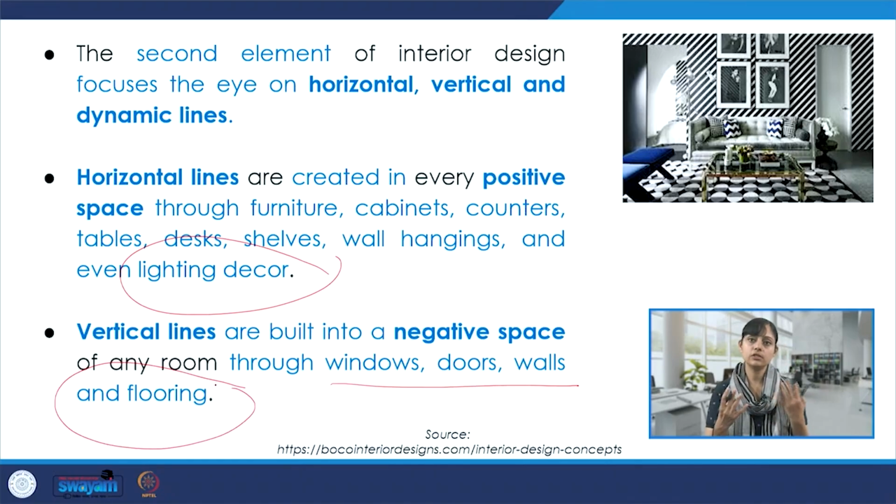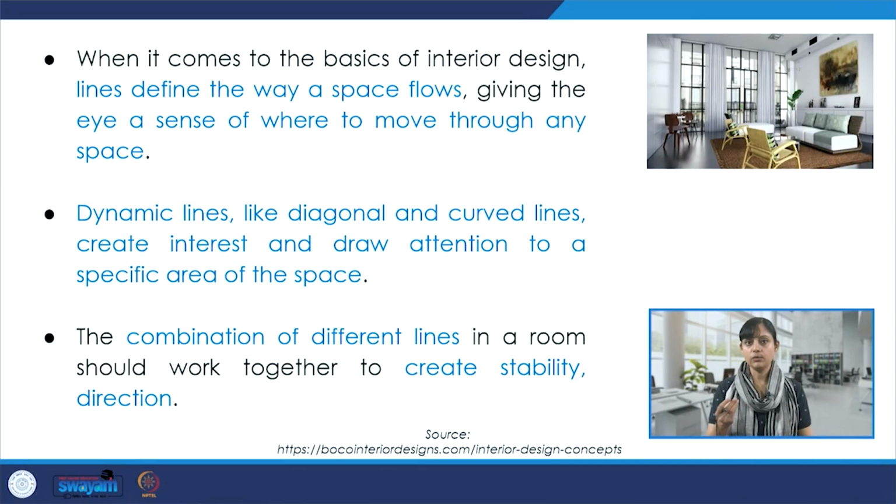So we always take cues and references through these elements of space making and then try to create a vertical expanse or a horizontal expanse, etc., within a space. Now, lines define the way a space flows. It gives the eye a sense of where to move and what the movement of the eye could be like.